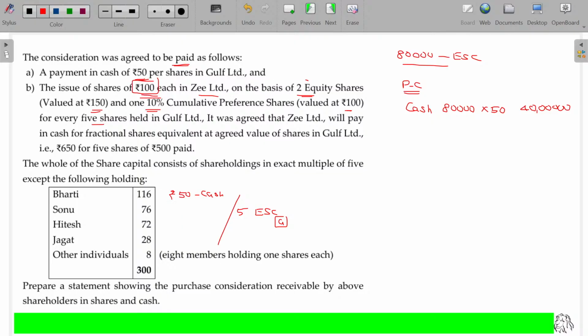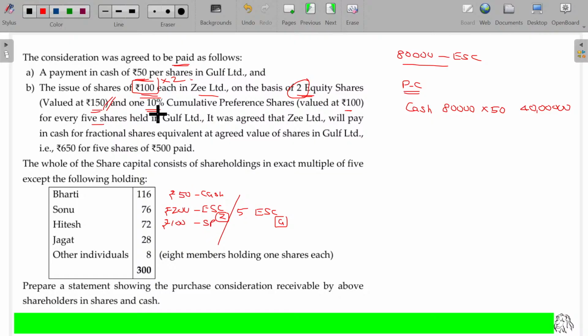How many equity shares are you getting? 2 equity shares of Z company. Per equity share having face value rupees 100, for 2 shares it is 200 rupees. Apart from that, the real value of the share being 150, 50 rupees is excess, which is nothing but securities premium. And per share 50 rupees securities premium, for 2 shares it should be 100 rupees as the securities premium.